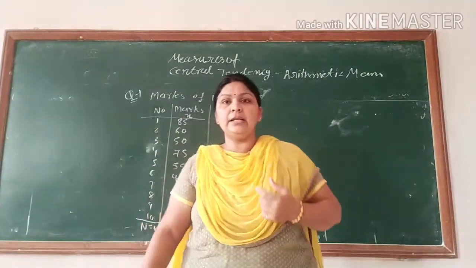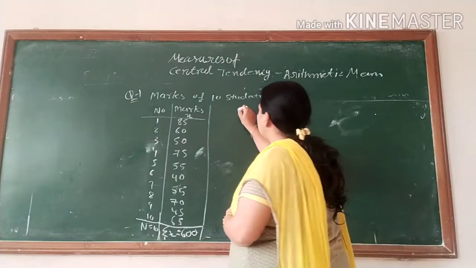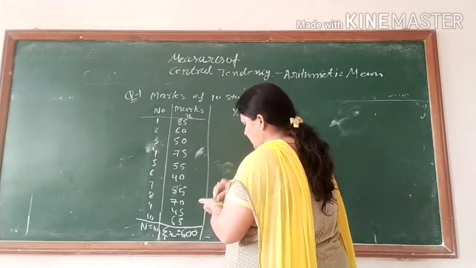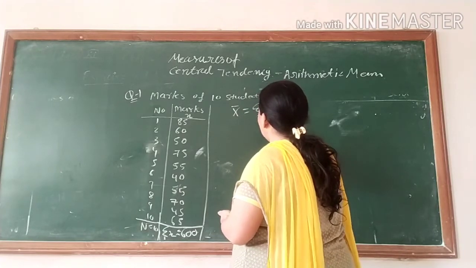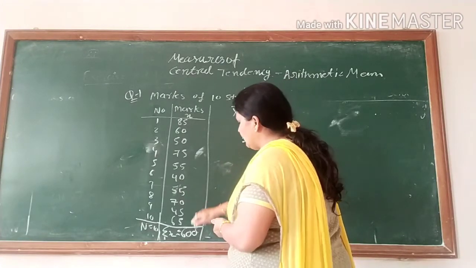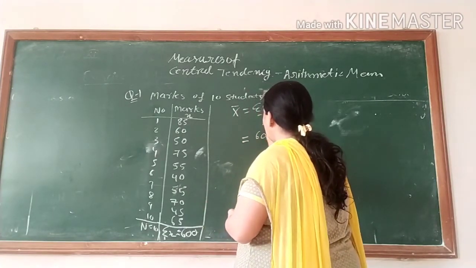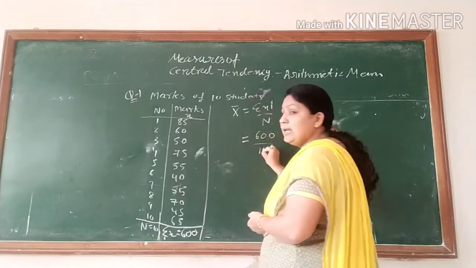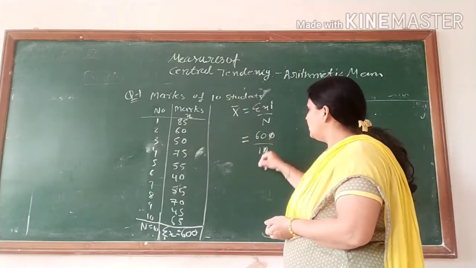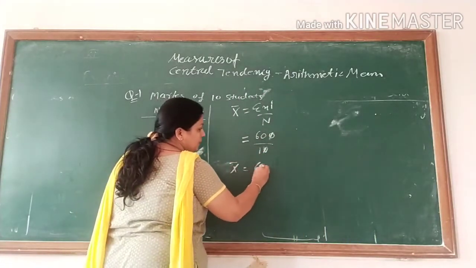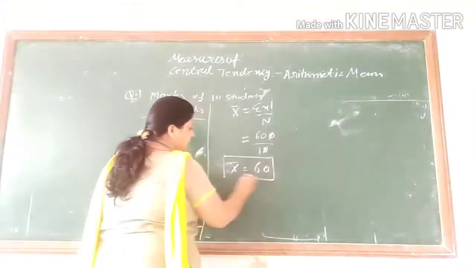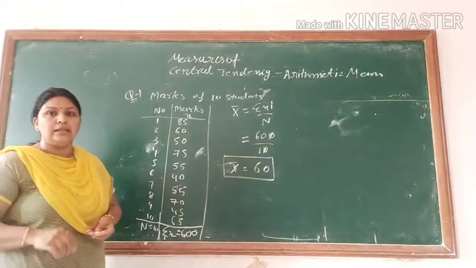Now just write down the formula. What is the formula? X bar equal to sigma xi upon n. So what is your sigma xi? 600. So 600 upon n, n equal to 10. So 0, 0. So your x bar becomes x bar equal to 60. This is your answer. Clear?